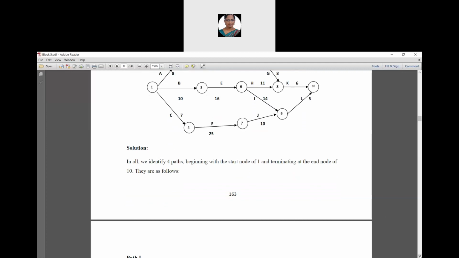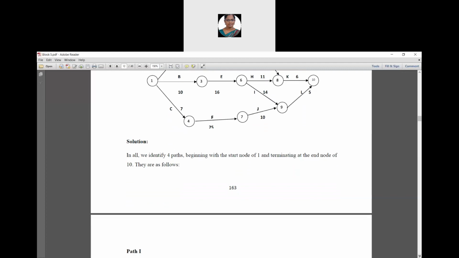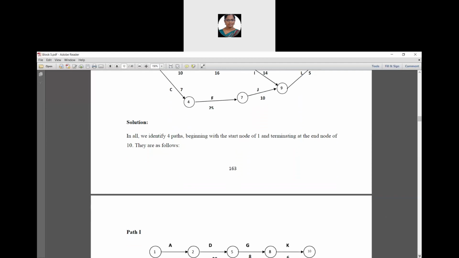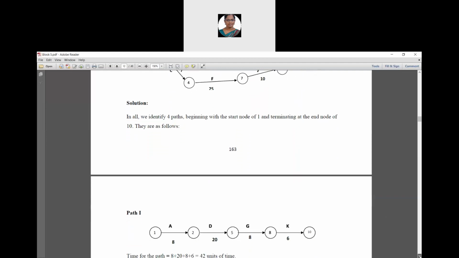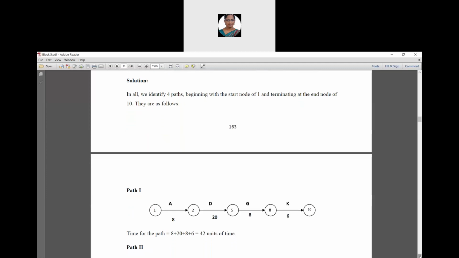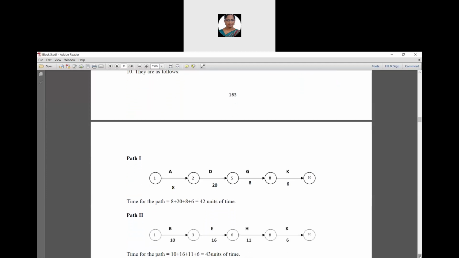Okay, so path 1 is 1 to 2, 2 to 5, 5 to 8, 8 to 10. Node 1 to node 2 has an activity A and its corresponding time duration value is 8. Then node 2 to node 5 has an activity D and its time duration value is 20.